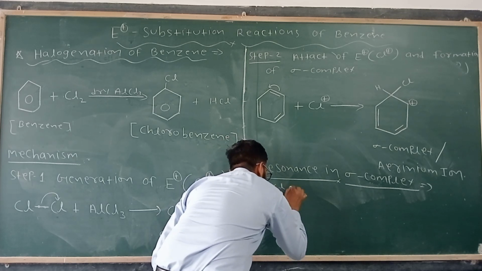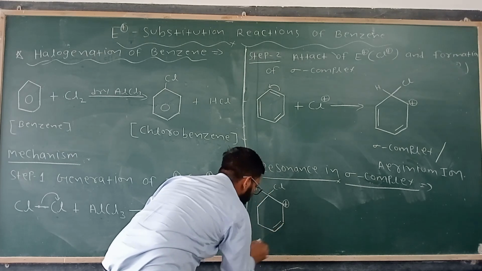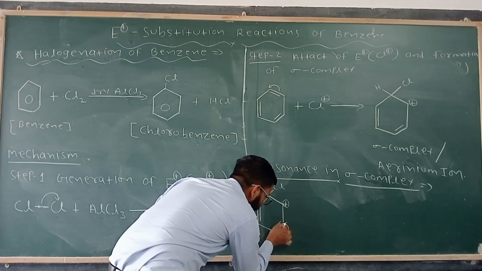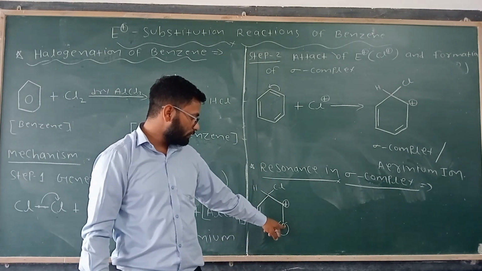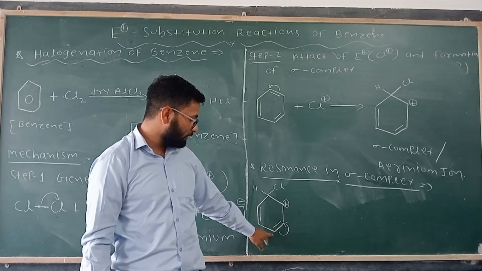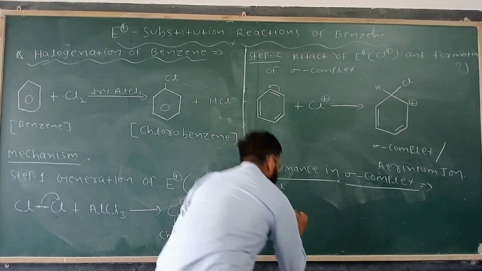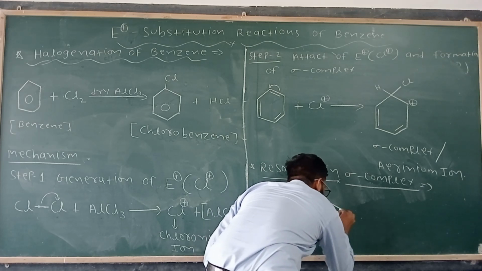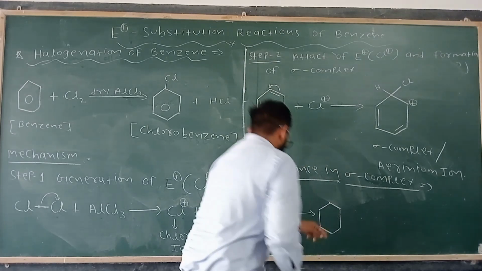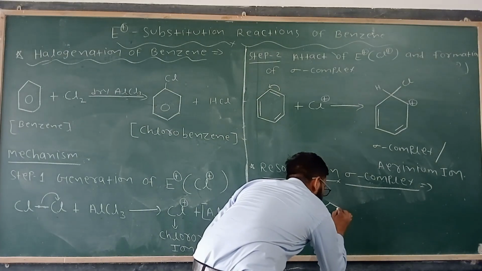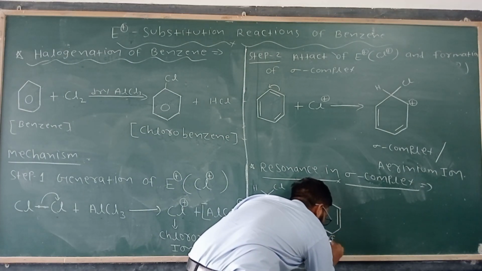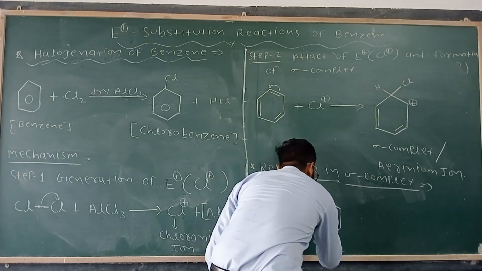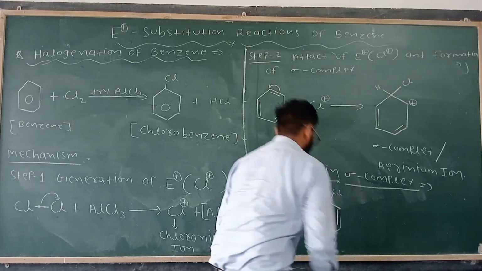Here is chlorine. Here is a double bond and here is a double bond. This double bond shifts here. So this carbon acquires a negative charge and this carbon acquires a positive charge. So I can write in positive and negative forms a double bond and this positive charge localized here. Here is hydrogen and here is chlorine.